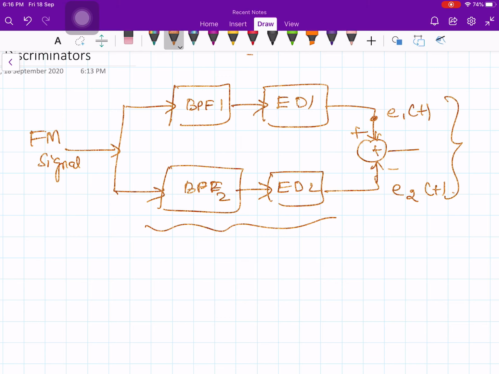Now the question is, how can you combine E1 of t and E2 of t? For that we can use a difference amplifier or something like that. The technique for combining the envelope detector outputs is to use a difference amplifier.